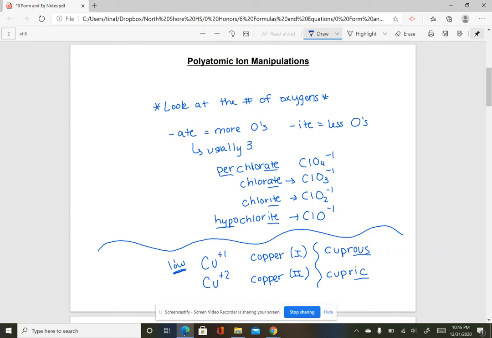The lower one has an O in it, "low," and that always gets the "ous" ending. And the +2 is the high, it has an I in it, and that always gets the "ic" ending. So if a metal has two oxidation states, the lower one will always be "ous," the higher one will always end in "ic" when you're doing their Latin names. So that's just another way you can hopefully memorize these a little bit easier.